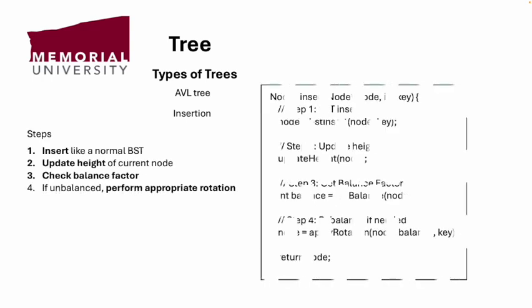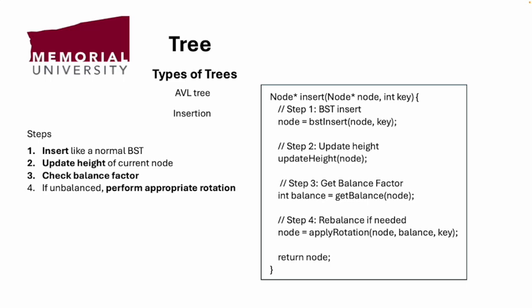For the insertion step, in order to insert an element into the AVL tree, first we need to insert this key or new node like in a normal binary search tree, because an AVL tree is also a binary search tree, so we can leverage the insert algorithm.